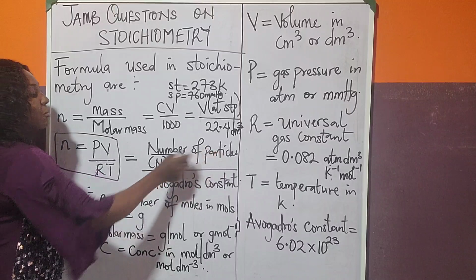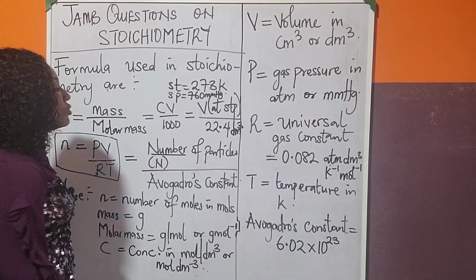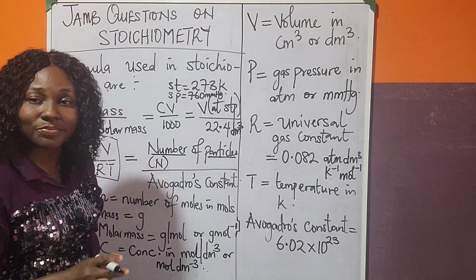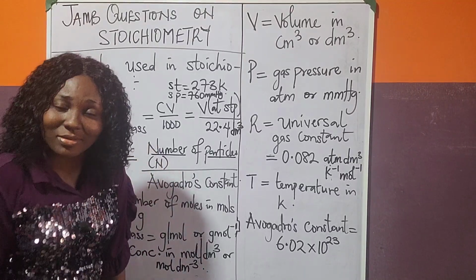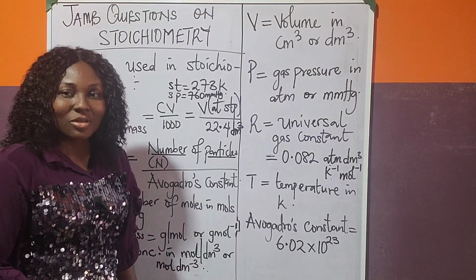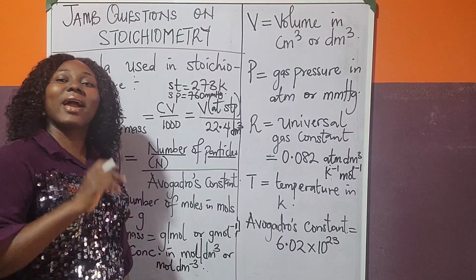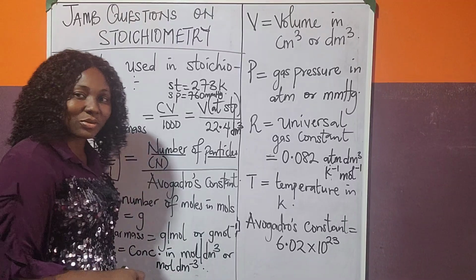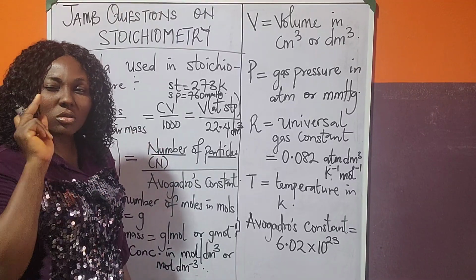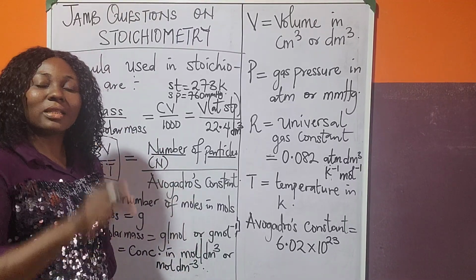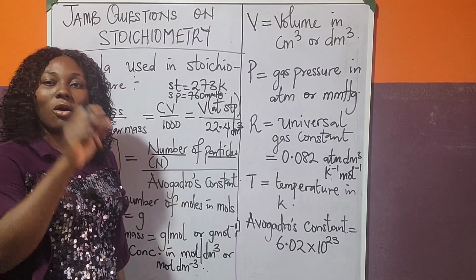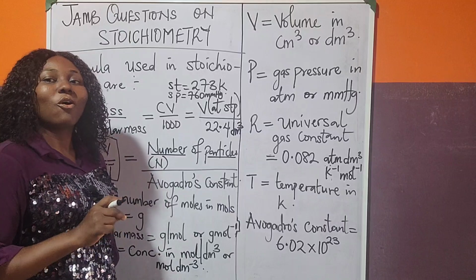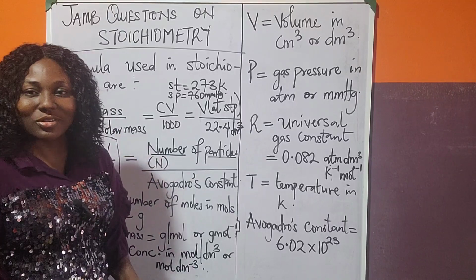Also, when we talk about number of particles, it can be atoms, it can be molecules, it can be ions. So as long as they say calculate the number of atoms, that's a particle, or molecules, or ions, it should strike your mind that the number of moles of that particle is equal to the number of the particles all over Avogadro's constant.